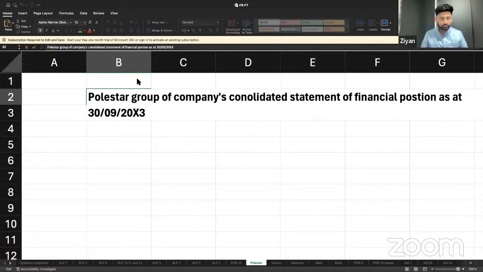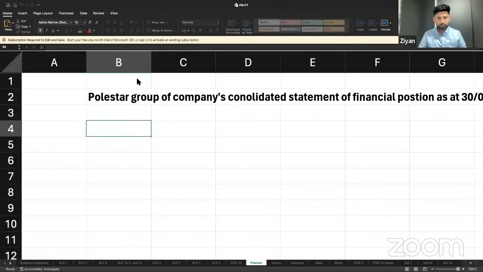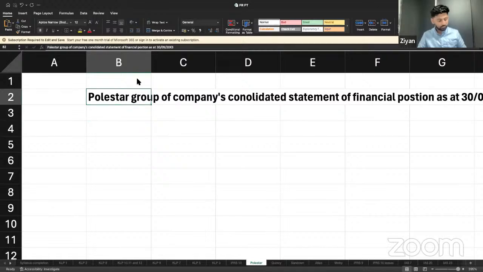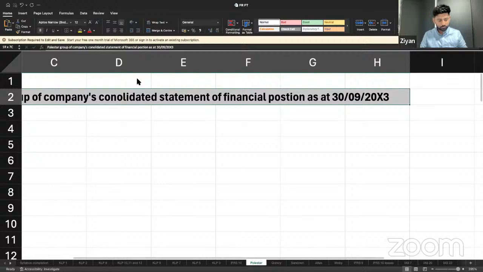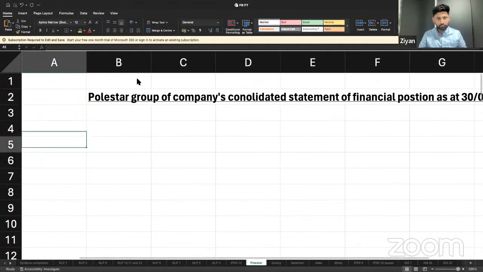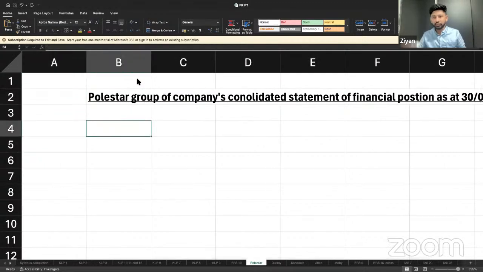Are we clear? What do I start off with? Assets. Below assets, I've got non-current assets.